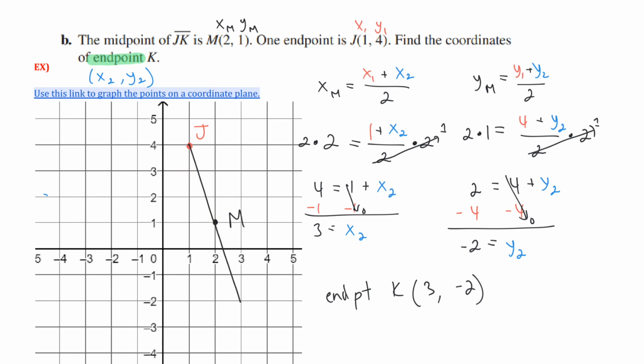So if you recall from slope, from J, we go down 1, 2, 3 units, and then 1 unit to the right to get to M. So I can do the same thing. Down 1, 2, 3 units to the right, and that is where our endpoint K should be. And then double checking to make sure we have the correct coordinates: 1, 2, 3 to the right, and 1, 2 units down.